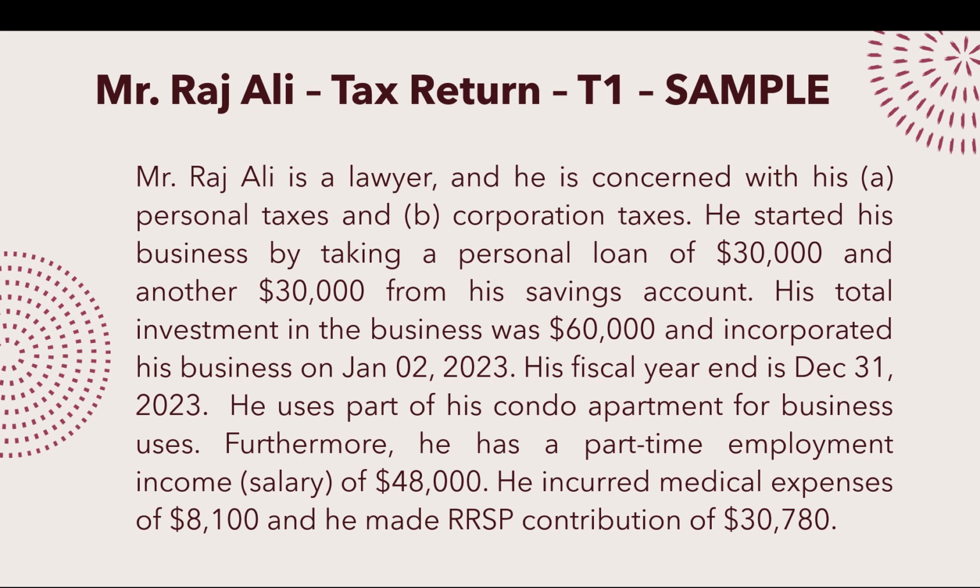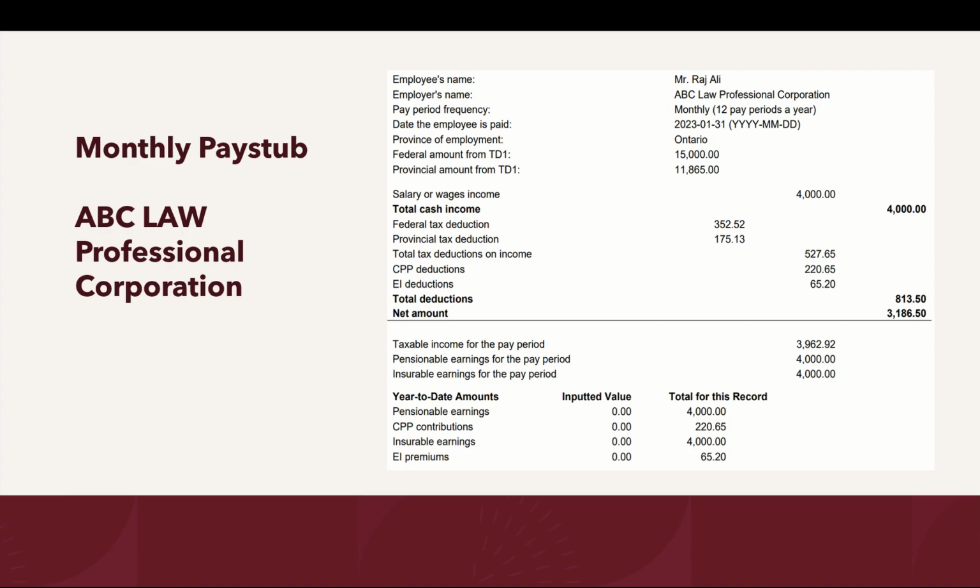He uses part of his condominium apartment for business use or business purpose. Furthermore, he has part-time employment of $48,000 with ABC Law Professional Corporation, and he incurred medical expenses $8,100 and RSP contribution $30,780.